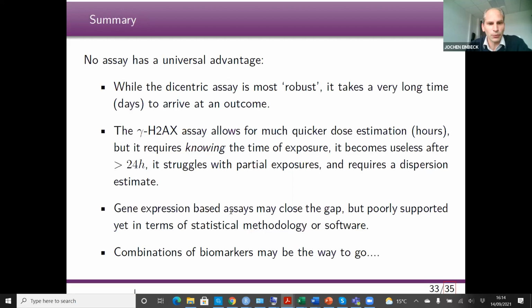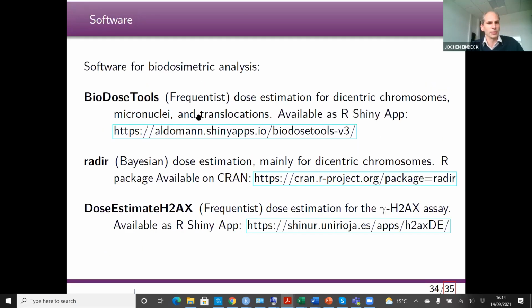I should also say one more thing in terms of the methods. There is a bit of software here, but you have seen that all of this is not really computationally intensive. The methods are relatively simple, but it's very fiddly. What is much more important is to do it correctly than to do something which is computationally problematic.